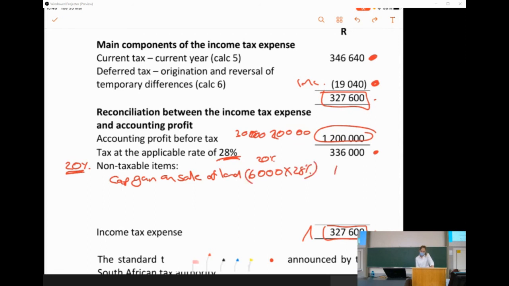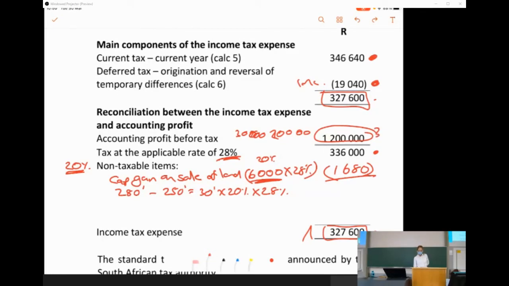And the tax on that is therefore a 1,680 deduction, because I'm now actually paying less tax, because on that 20% I'm not paying tax. So that 30,000 is the difference between the 280,000 selling price less the 250,000 carrying amount. That gives me the 30,000, but 20% of that is not taxable. And the tax on that 20%, the tax that I'm saving, multiplied by 28%, is the 1,680.